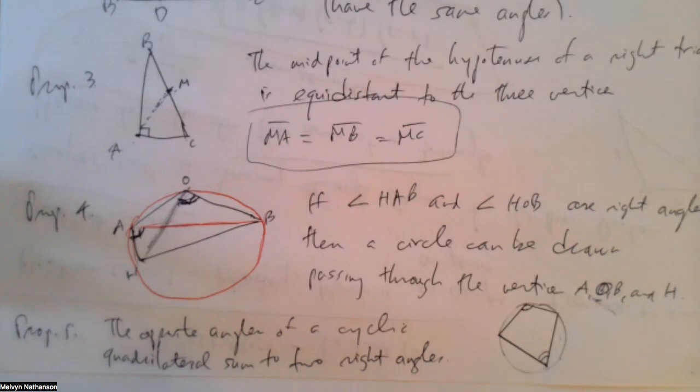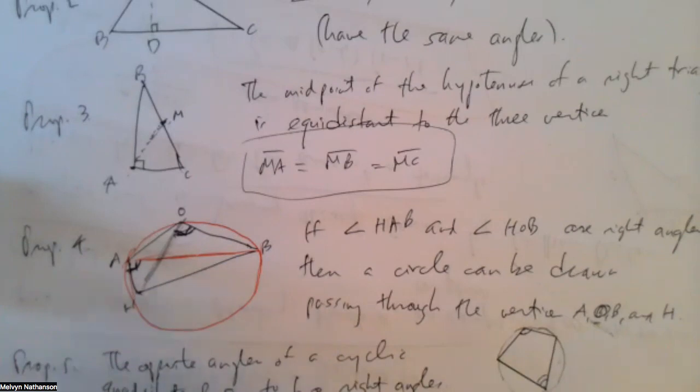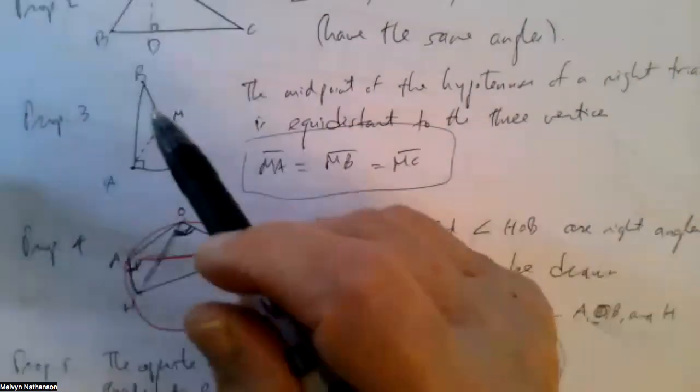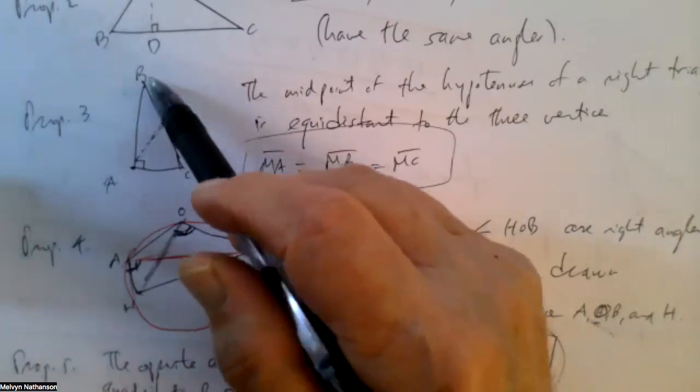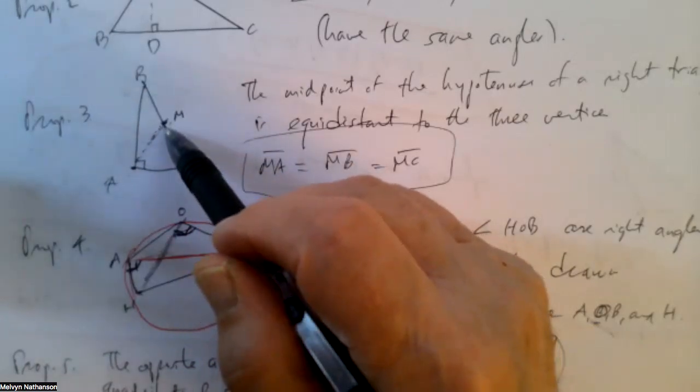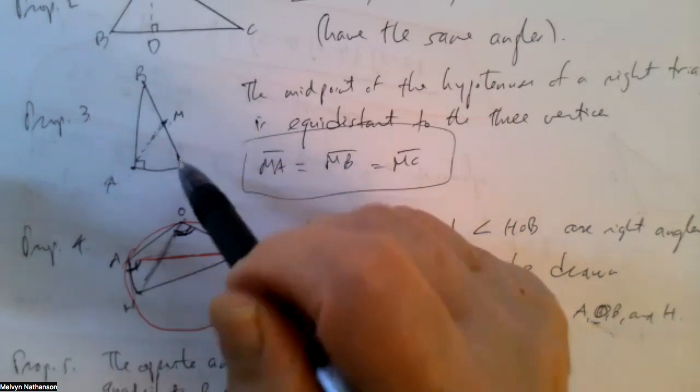Professor, I have a bit of a question I'm thinking about right now. Go ahead. So for Proposition 3, we have a midpoint between B and C. B and C are the same distance from M because M is the midpoint of the line BC.